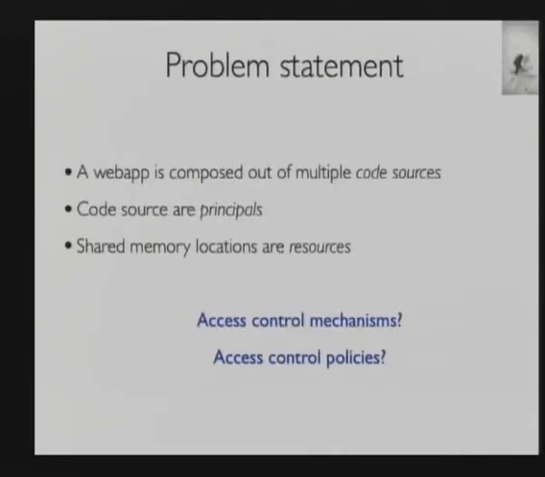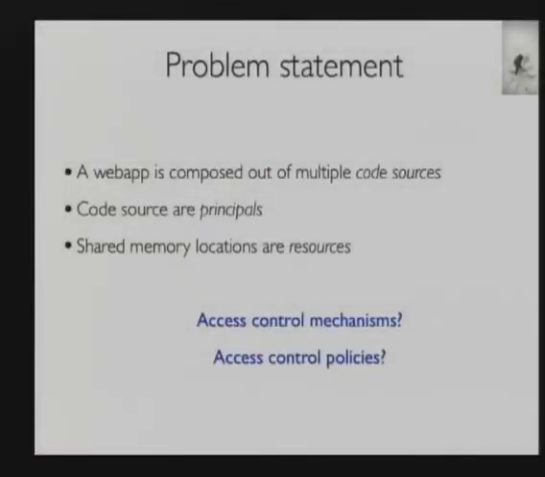So what is the problem statement? Well, a web app is composed of multiple sources. There's code coming from CNN, code coming from other sources. And we can think of these sources as our principals, right? CNN is one principal and the ads are another one.